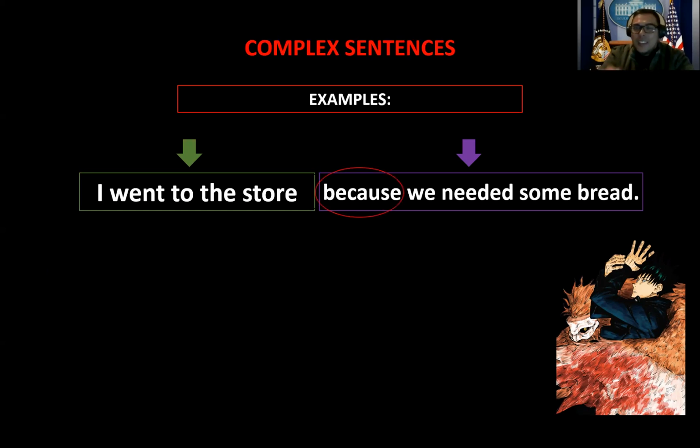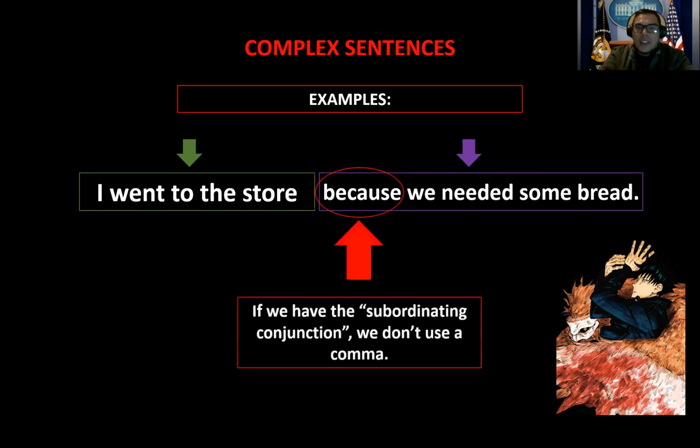So that is why this is a dependent clause, okay? If we have the subordinating conjunction right there, we're gonna change it into a dependent clause. A dependent clause, remember, it's a clause that cannot stand on its own. It doesn't make sense without something else. It depends on another idea, okay?